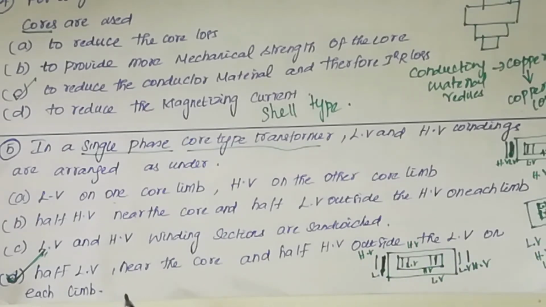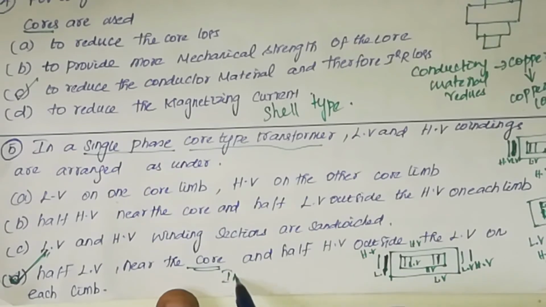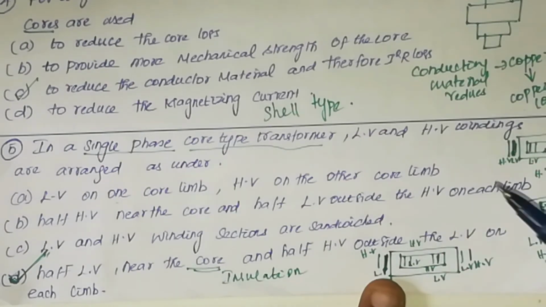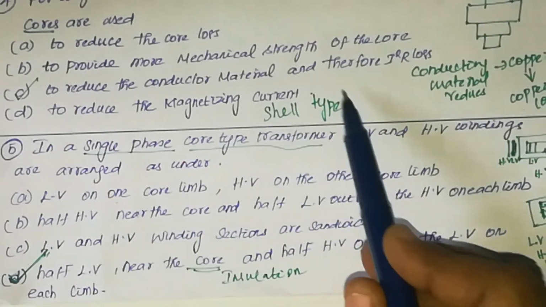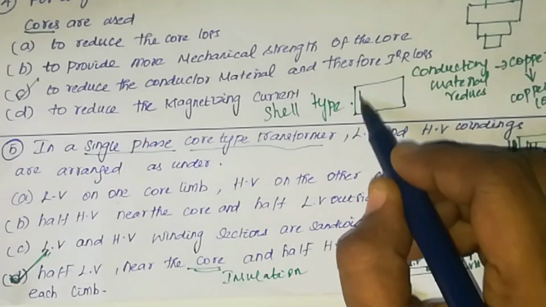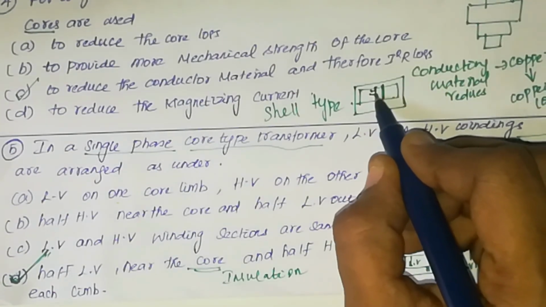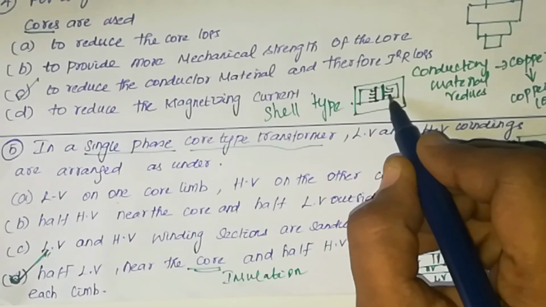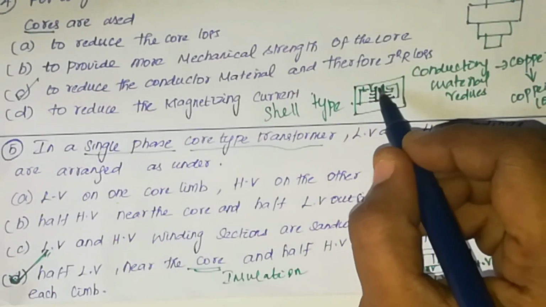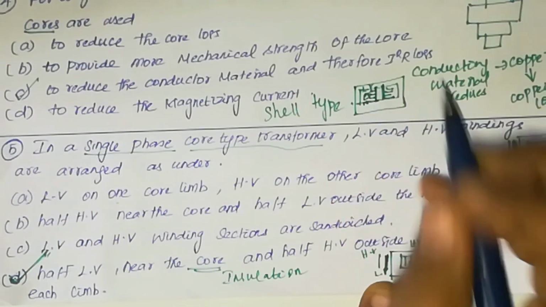So for this question the answer is half LV near the core and half HV outside the LV on each limb. They arrange the LV near the core in order to reduce the insulation problem. If they ask about a shell type transformer, the structure is like this: there is a center limb, and the LV and HV are arranged in sandwich form, with LV near the core and then HV.